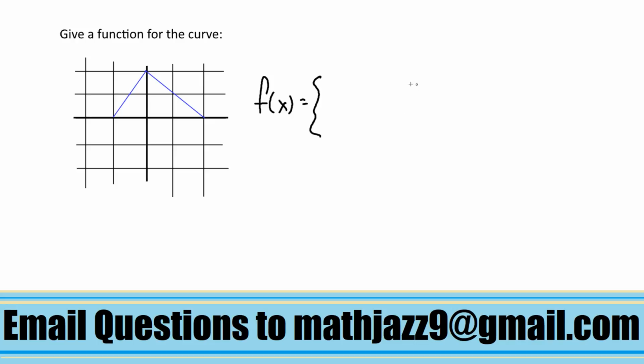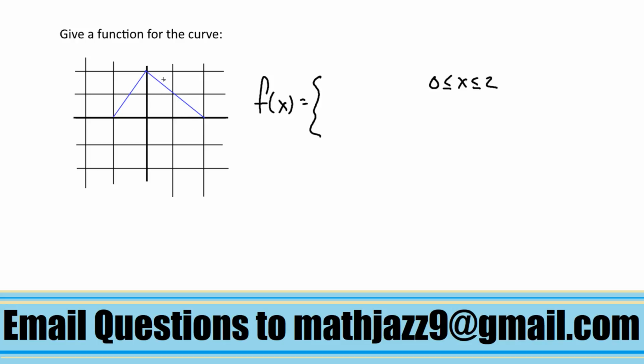So, let's have our first case be, usually it's easier to handle positive stuff, 0 is less than or equal to x is less than. Now we have to figure out, well, what would be a nice equation to define this chunk of the graph?